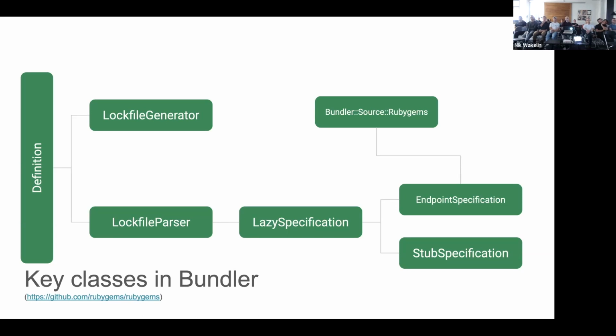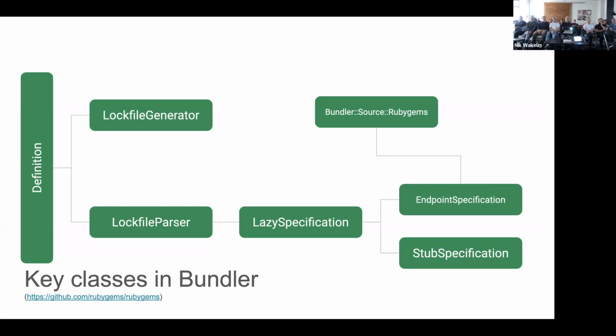Anyway, just to recap, here's a few key classes that I've discovered in Bundler related to this thing. I'm not going to talk about how Bundler resolves dependencies, that's a whole separate section. So we talk about definition, and basically we use the definition plus the log file parser to parse the log file, and it parses the log file into gems. And if you decide to install, you either say, okay, I've installed it, so materialize into stub, or materialize into endpoint specification, because I am going to install it.